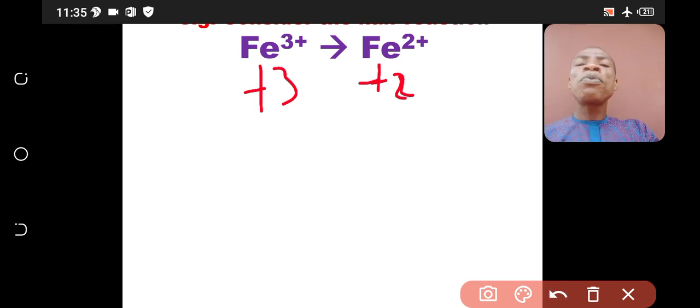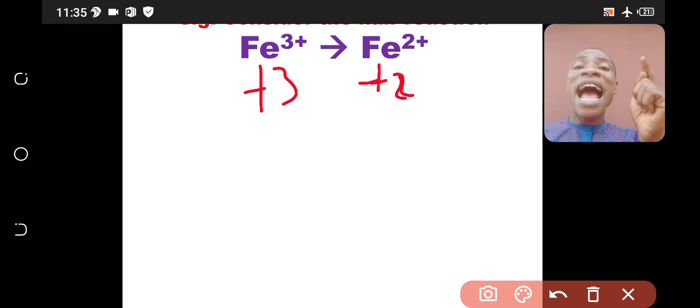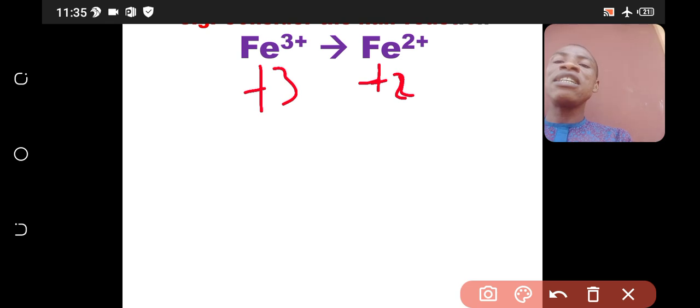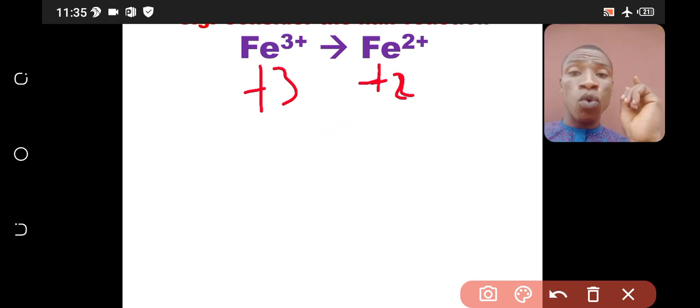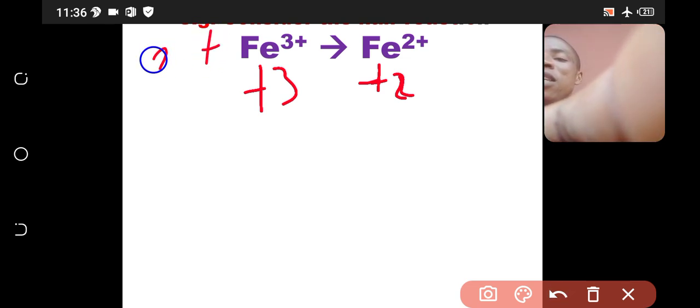So you put the electron on the side that is higher, to bring it to the level of the lower one. Here we have +2, here we have +3. So 3 minus 2 is 1. So you put 1 electron on the higher side. So you add e minus.